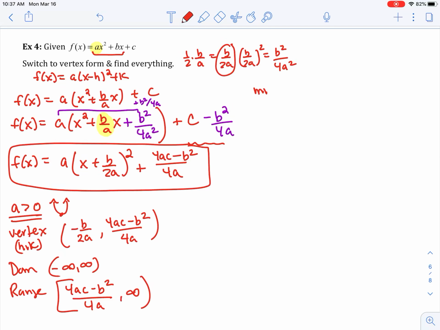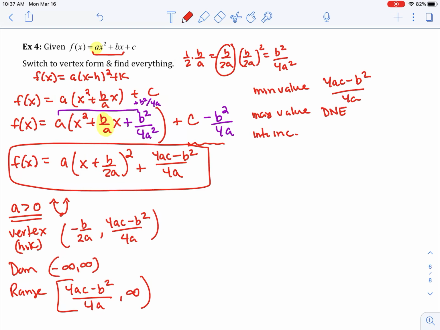In terms of our min value of our graph, the lowest y is the y of the vertex here, which is that 4ac minus b squared over 4a. Our max value, well, our graph is going up, so the max value does not exist because our graph is going up towards positive infinity.